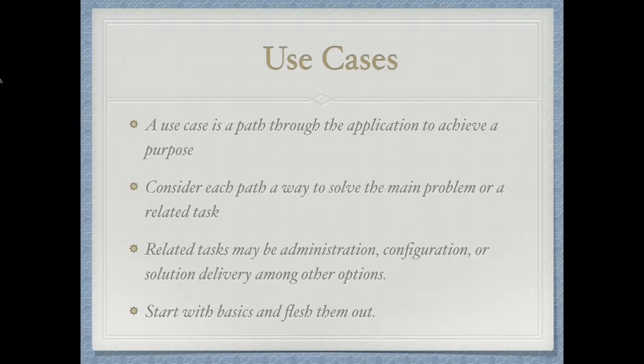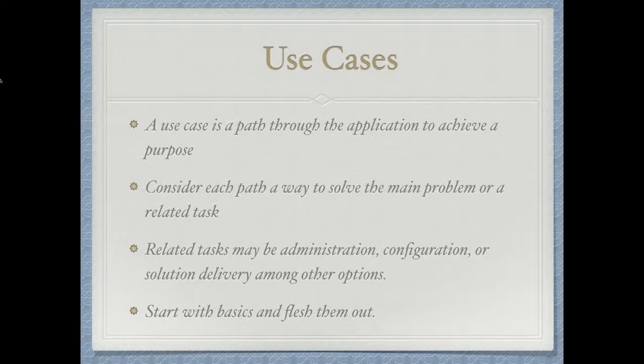As you're building use cases, you want to consider each path as a way to solve the main problem or a related task. Put more simply, each use case that you're building when you're designing this should point back to that main problem, either directly to the main problem or to something that is required to get to that main problem.